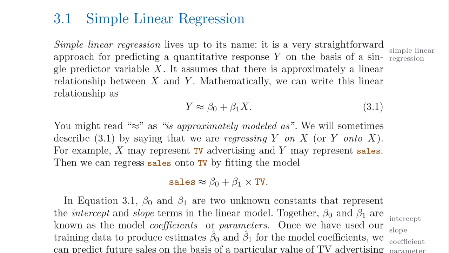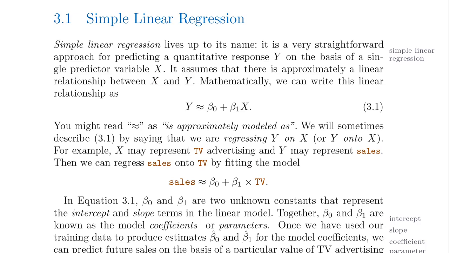Simple linear regression lives up to its name. So apparently, not only are we doing regression, it is linear regression, and it is simple linear regression. I wonder what they mean by simple. Maybe it's just one input variable. Let's have a look. Simple linear regression lives up to its name.